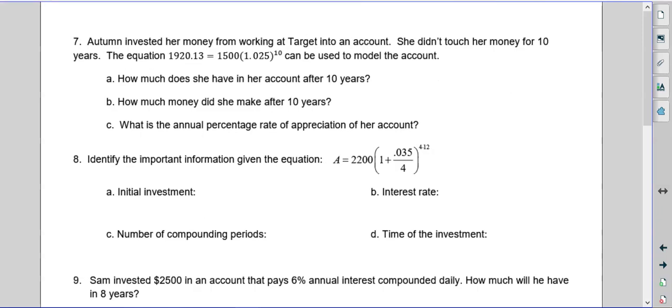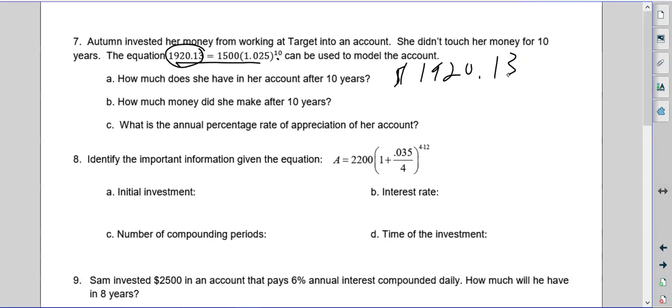All right. Autumn invested her money from working at Target. She didn't touch her money for 10 years. That's the 10 right here. Here's the equation. How much does she have in her account after 10 years? That's the future value right here. So that's $1,920.13. How much money did she make after 10 years?